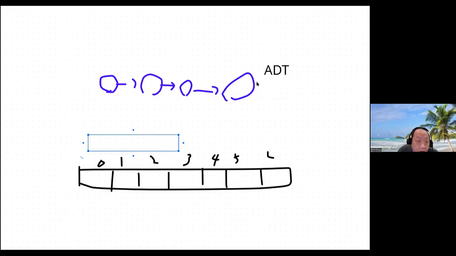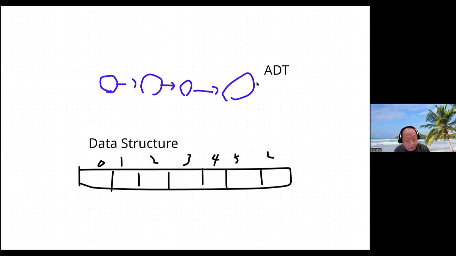But today we are going to talk about this new data type that's called ArrayList. So what is ArrayList? ArrayList by itself is a list. It's a list made of array.